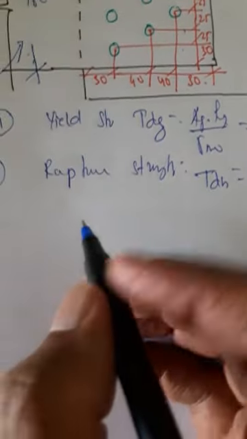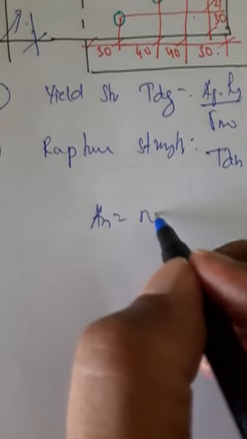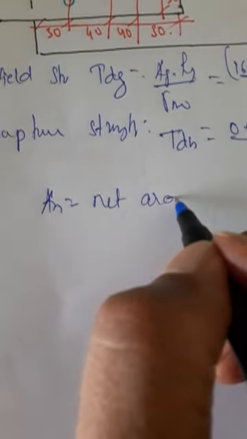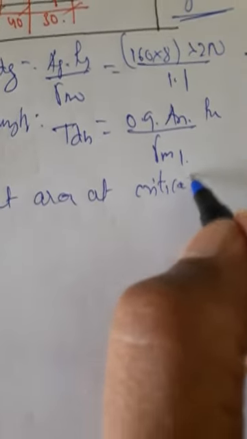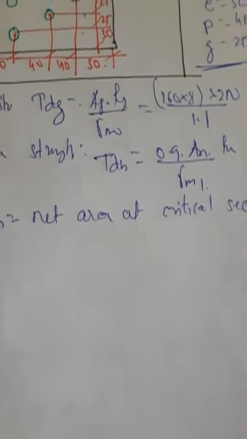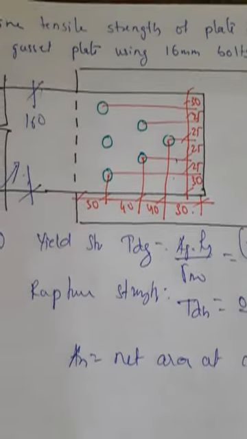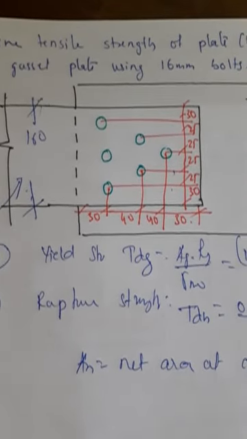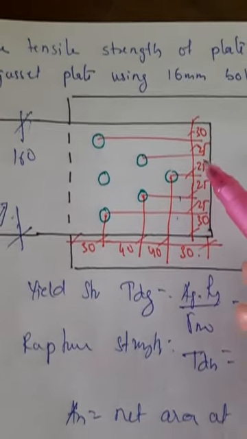Now here AN is the net area at the critical section. So here we need to determine the net area. Now here we have to analyze this joint for all possible failures.